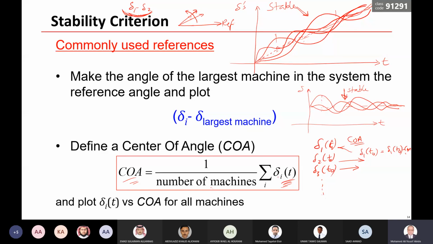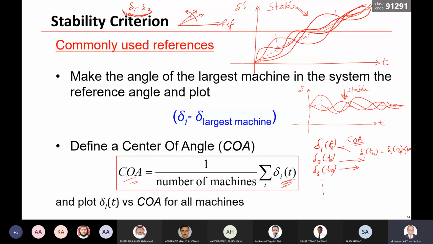Muhammad, yes, please. Doctor, should the difference between the angles still be less than or equal to 90 degrees? Yes. You are interested in the angle difference. Similar to what we have in the two-machine system, delta 1 minus delta 2 should be less than 90 degrees for stability.